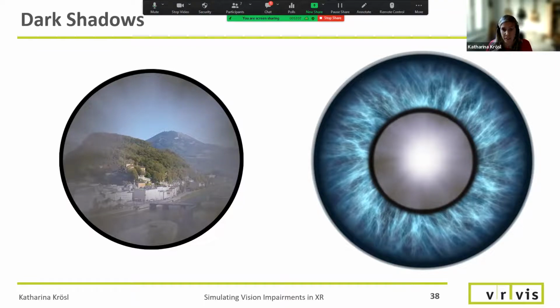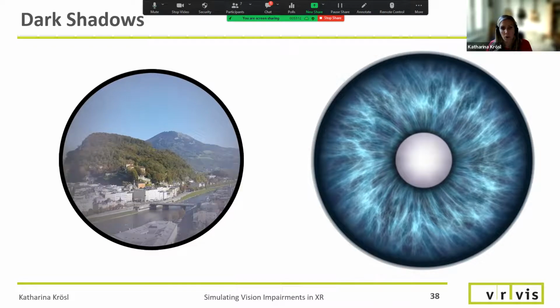And if I look at something really bright, my pupil becomes very small and light does not pass through any of the clouded area on my lens anymore. So I will hardly notice any shadows in my field of view. And in order to simulate this behavior, we just scale our texture according to the brightness around the gaze point.